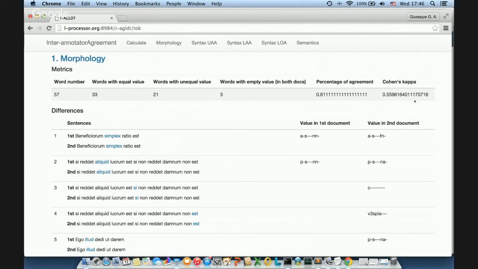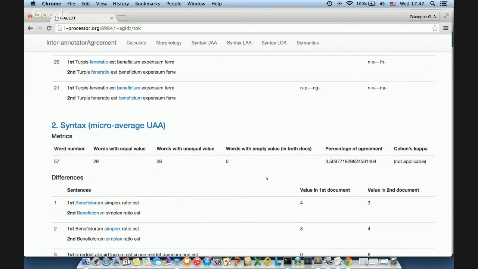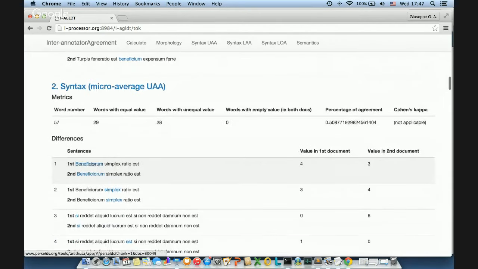I'm not going into it right now, but in general, you should take these numbers as saying something about to what extent the two annotations agree. Okay, so if we go on, we can see, for example, that there are differences also concerning the way the tree has been built.